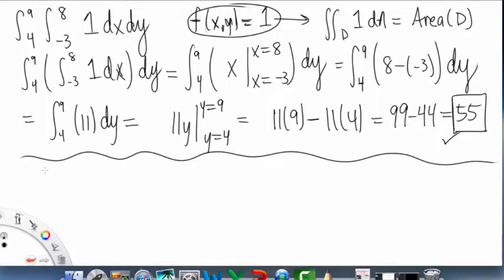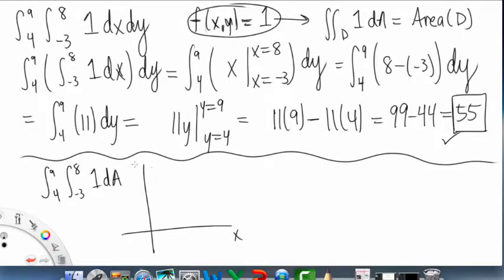Just this problem, actually. So here's our problem again. Negative 3 to 8, and then 1 dA, or dx dy, either way. So what I'm going to do is draw out what our domain looks like.